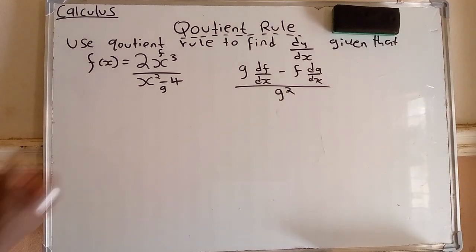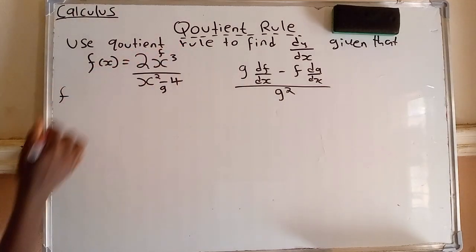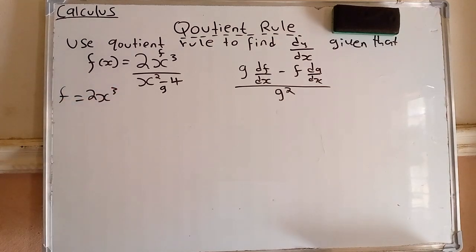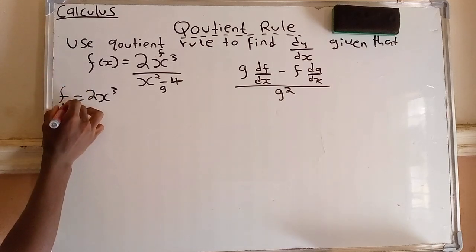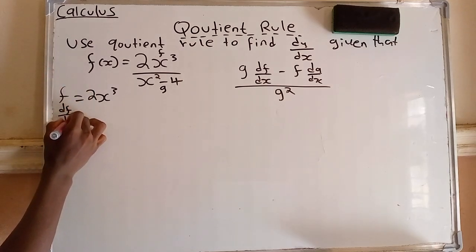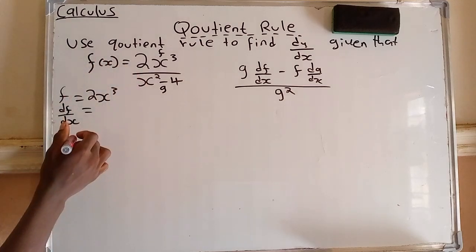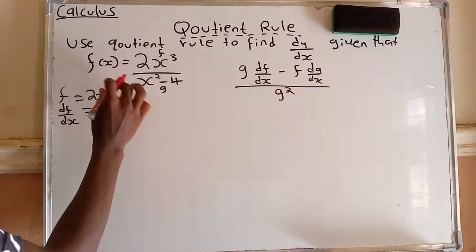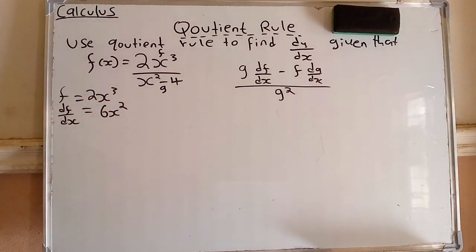If we let the numerator be f, we have 2x cubed. If we differentiate f, df/dx will be 3 multiplied by 2, which is 6x squared, because 3 minus 1 gives the square on the x.